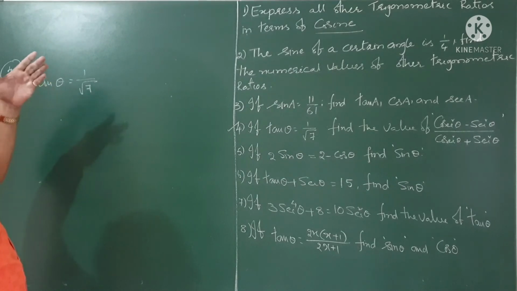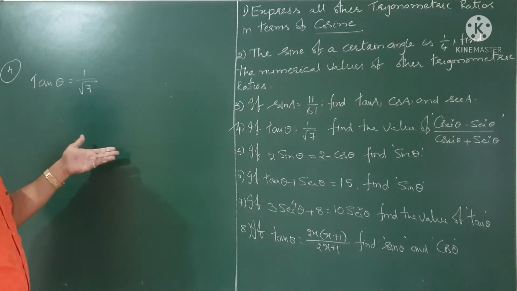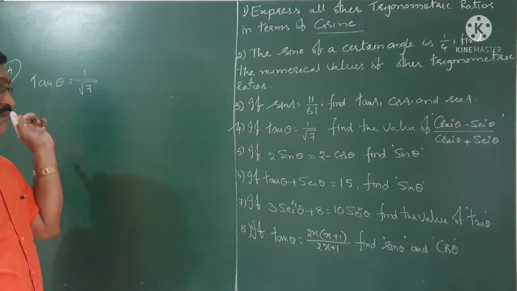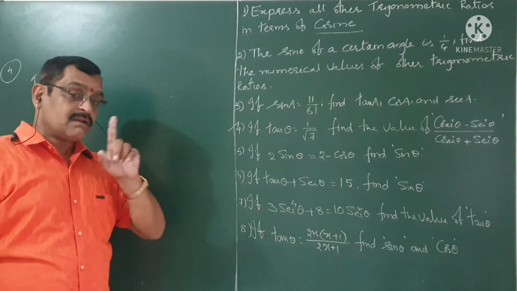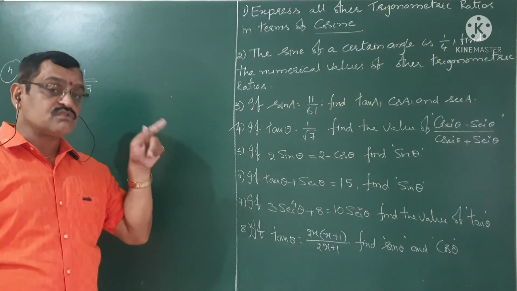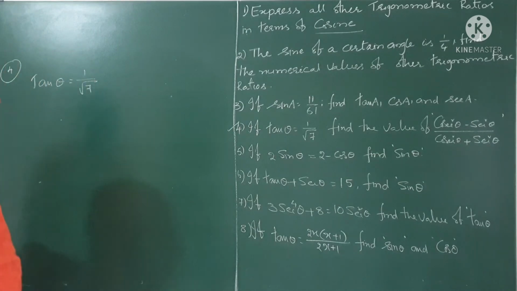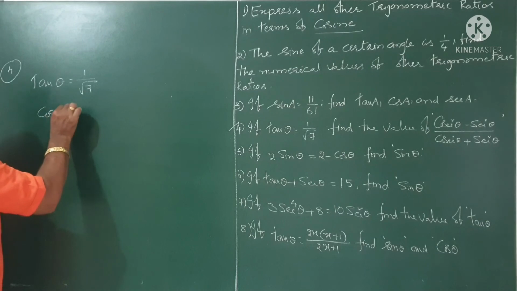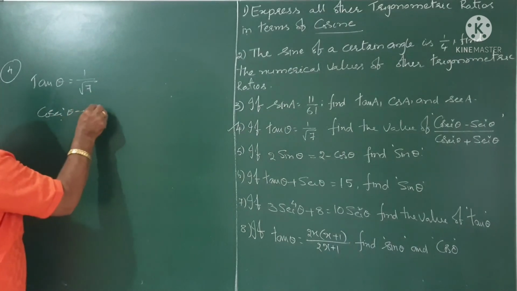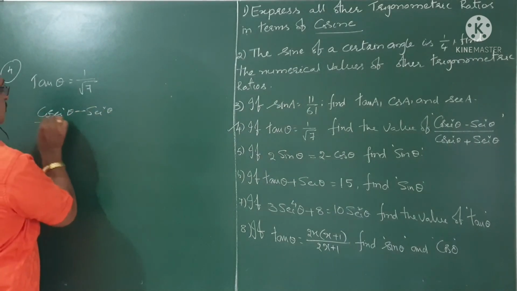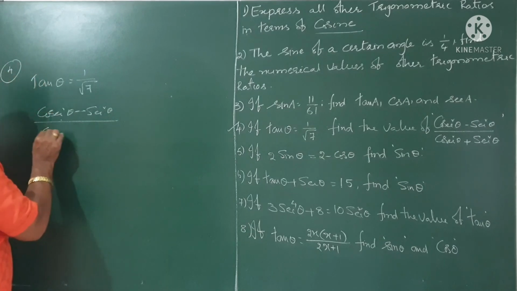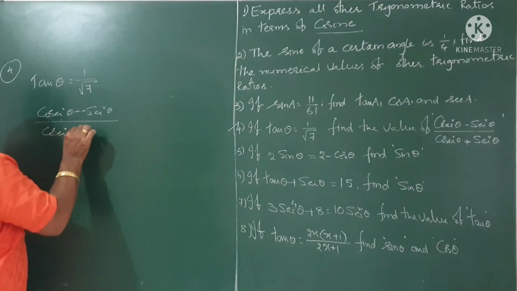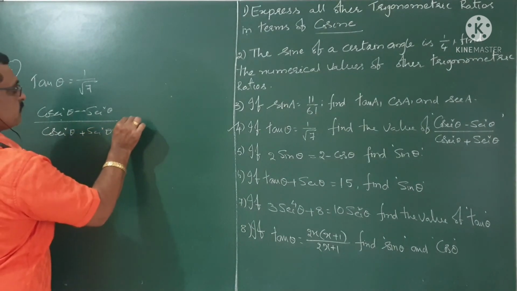Now just like 1, 2, 3, I can do this question also by drawing a right angle triangle, but I don't want to do that. I want to use identities. So we need to find cosecant square theta minus secant square theta by cosecant square theta plus secant square theta.